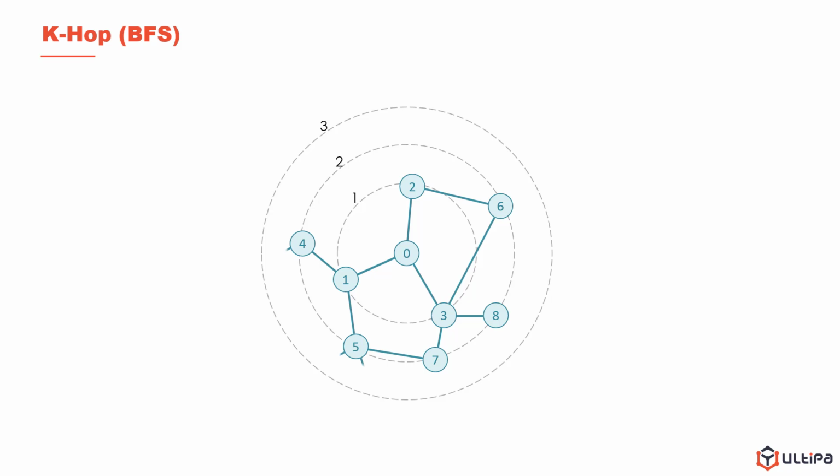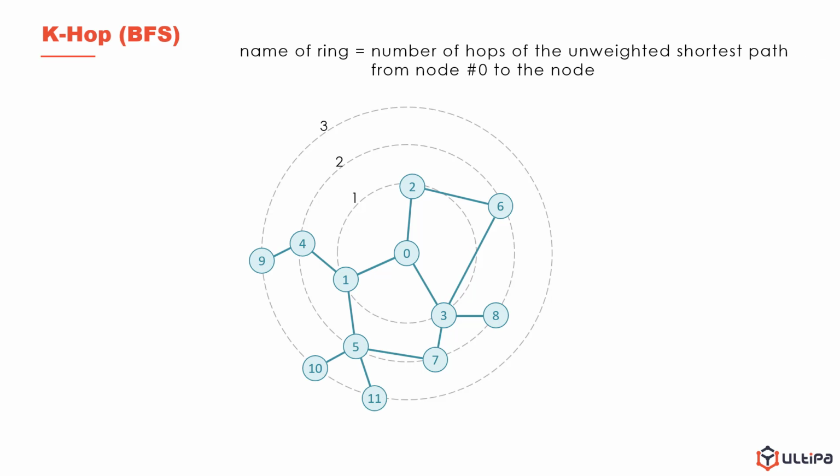When drawing nodes, the ring's name equals the number of hops of unweighted shortest paths from the node number 0 to the node being drawn. For example, the unweighted shortest path from node 0 to node 6 has 2 hops. And that's why we put node 6 on the second ring.